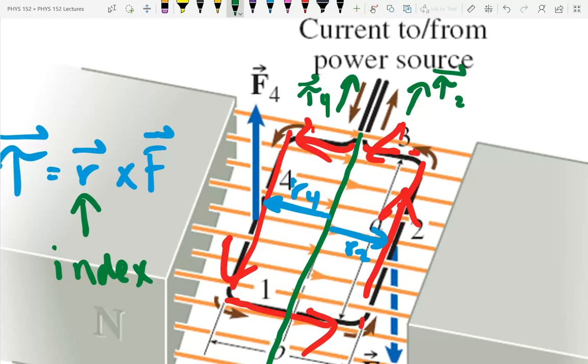But because the forces were also on opposite sides, the torque is not 0. So if this motor has a net force of 0 and a net torque that's not 0, what's it going to do? It's going to have an angular acceleration to make it rotate. It doesn't have a linear acceleration. It's not going to travel on me. It's simply going to start rotating.